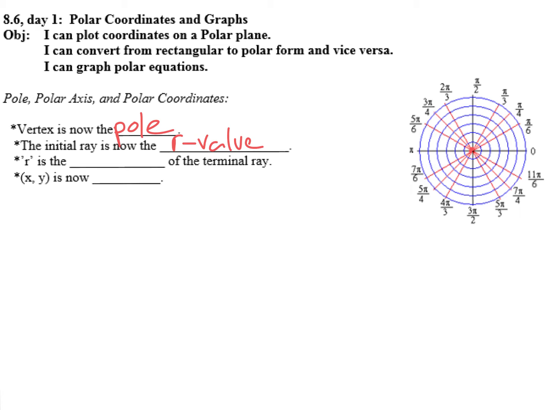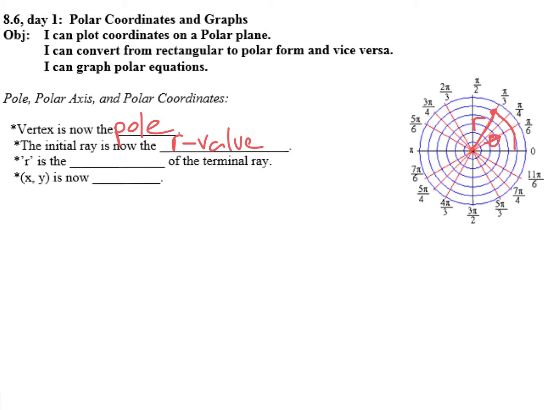And if I were to plot a point like right here, I'll mark them on the graph first, and then I'll fill in the rest of the notes. Okay, that length would be R. The angle we'd have to go from here would be theta.